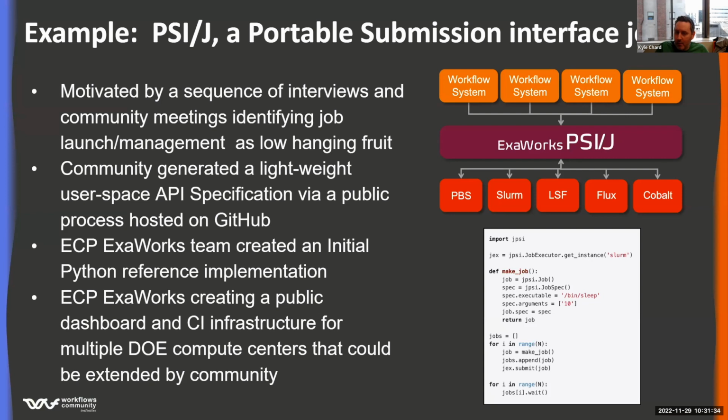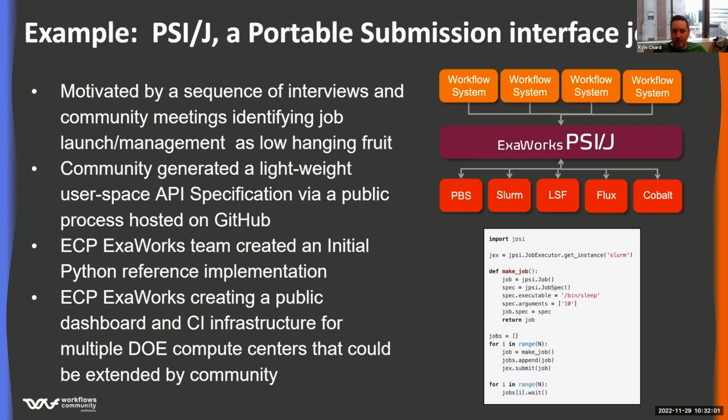Of course, we looked back and saw that previous efforts like Saga and Drama had been developed and had been successful in some way or another, but we saw an opportunity here, particularly around the Python-based workflow systems that were becoming increasingly pervasive in DOE. So as part of this project, we set about a community-oriented process for defining a specification and a reference implementation.